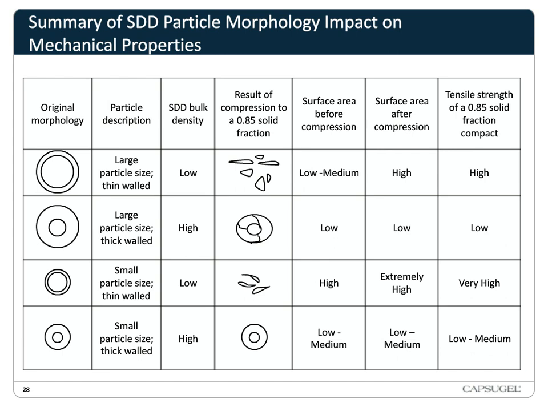So if there is a dissolution rate effect or a tablet disintegration effect, understanding how surface area changes before and after compression is a really neat way to optimize some of the SDD attributes.